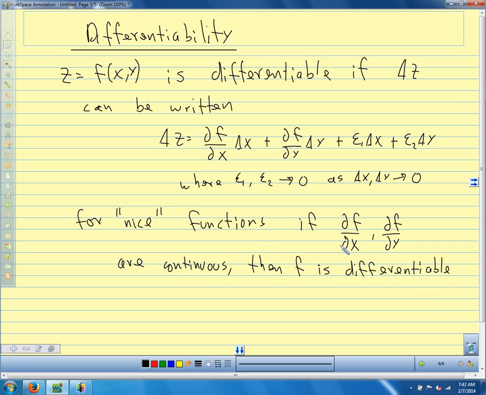So for well-behaved functions, this is enough of a condition for differentiability. If our first partials are continuous, then our function is going to be differentiable.